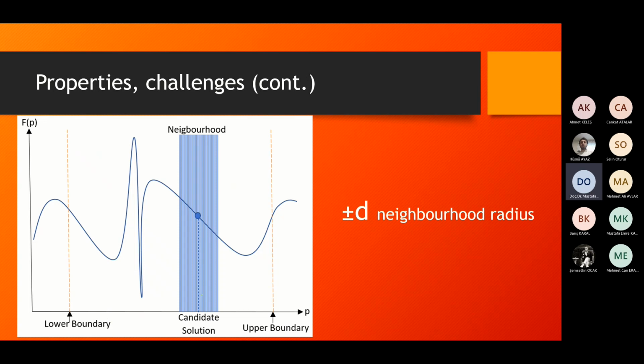So we have one solution. Maybe within the neighborhood of this solution, we can produce another solution, which we will use frequently in the upcoming algorithms. By adding or subtracting d, plus minus d, the distance or neighborhood radius, we can find a solution within the vicinity or neighborhood of the candidate solution.